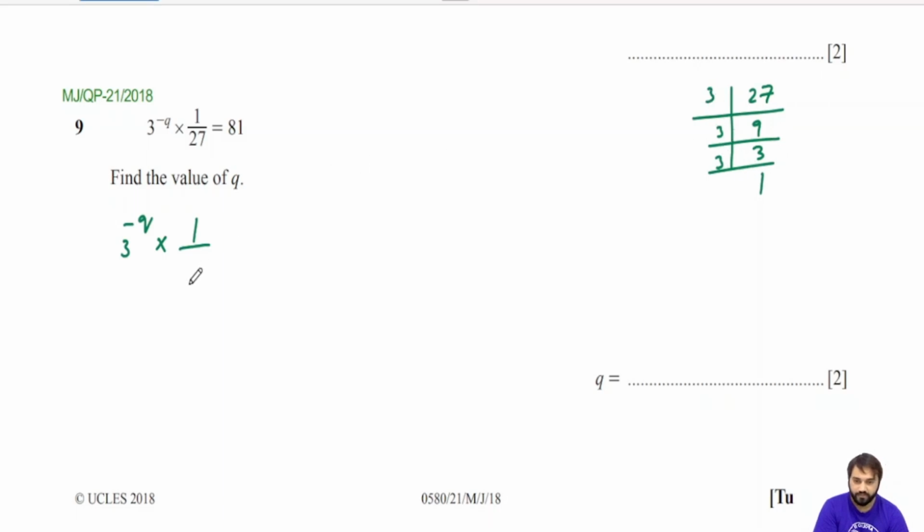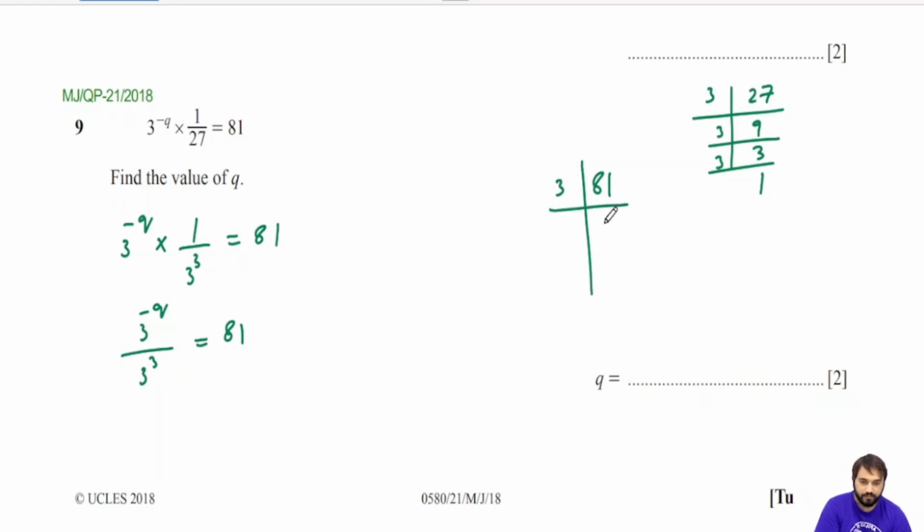How many 3's we have? 3. So I can write 3 raised to power 3. 3 raised to power minus q into 1, that would be 3 raised to power minus q over 3 raised to power 3 is equal to 81. Also convert this 81 into power of 3. 3 27 times, 3 9 times, 3 3 times, and 3 1 time.